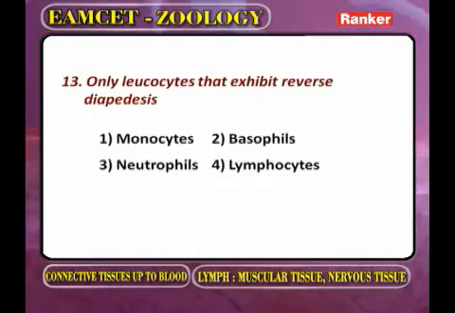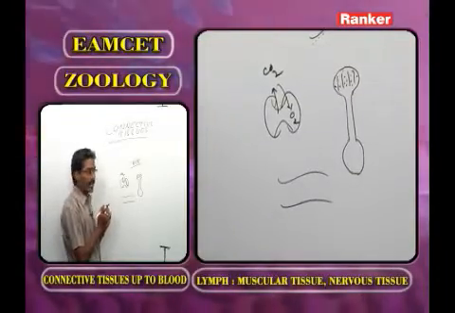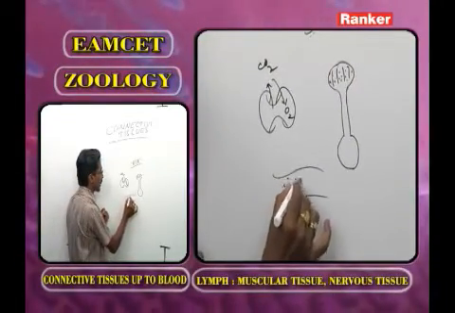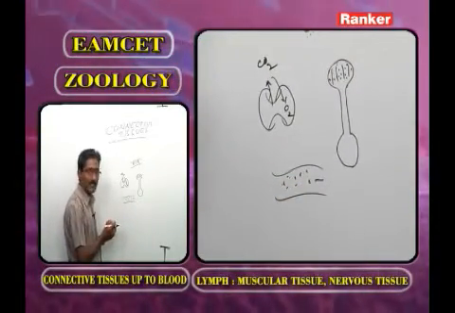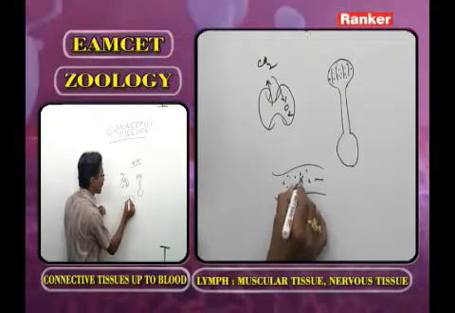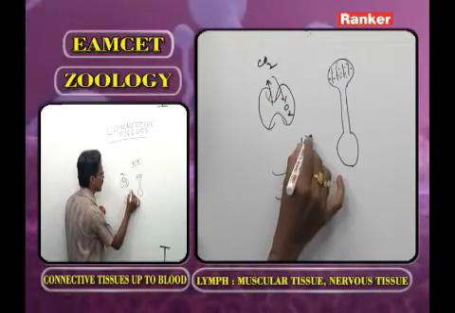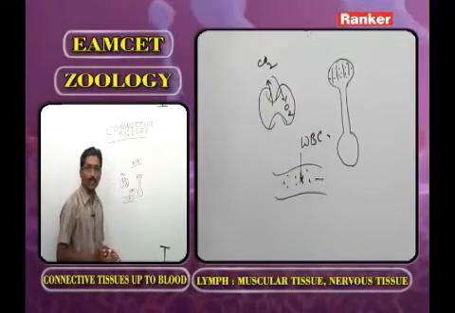Now, only leukocytes that exhibit reverse diapedesis. Now what is meant by diapedesis? This one we call a blood vessel. In the blood vessel, what is flowing? The blood plasma is flowing. Now this star mark we call the WBC.